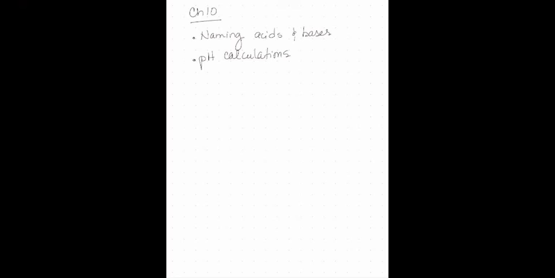Okay, so let's get started with naming. Out of the two namings, the bases are the easier, okay? Because naming bases, if your base starts with group 1A or group 2A metals in it, you're going to use the name of the element.